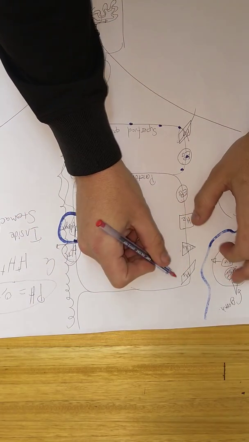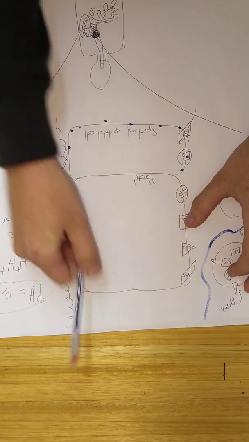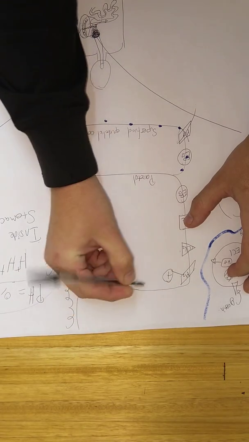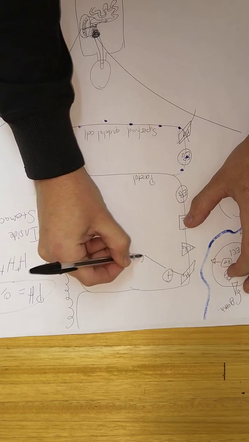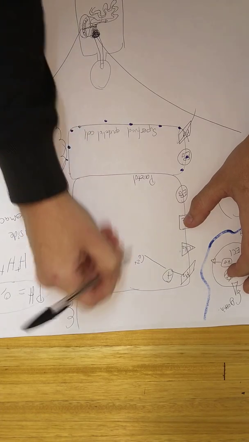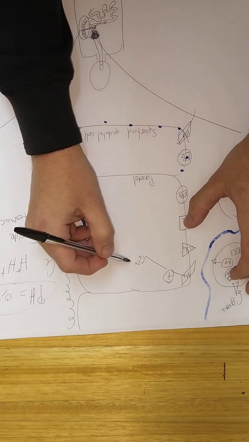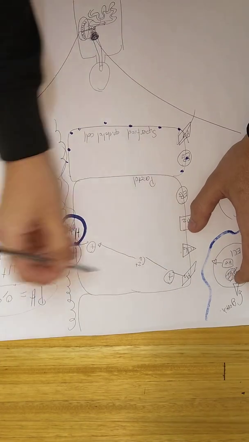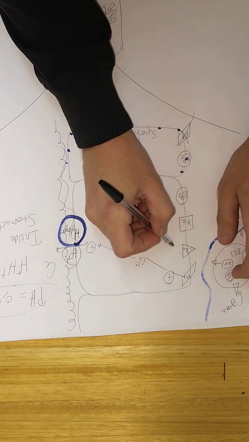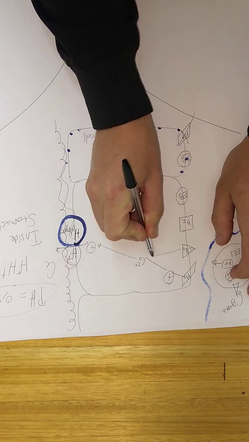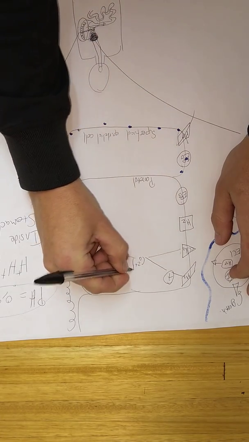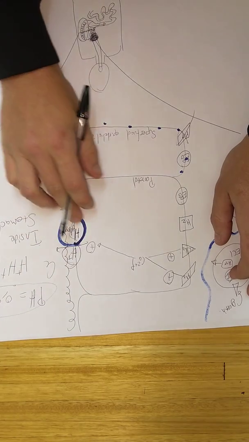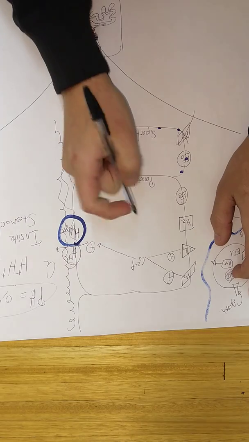So if we have muscarinic stimulation at this area, then we get an activatory mechanism which will cause calcium to increase, which will lead to the hydrogen pump being activated. If we stimulate CCK2, calcium influx will happen once again, and we'll get more hydrogen being pumped into the stomach.